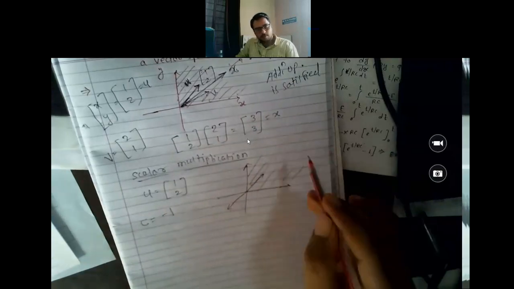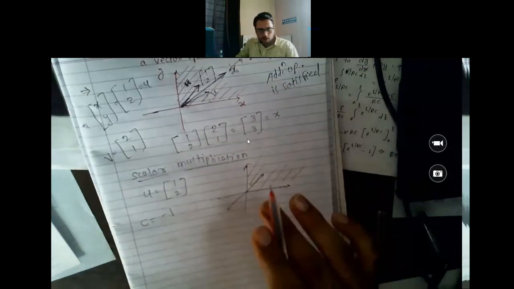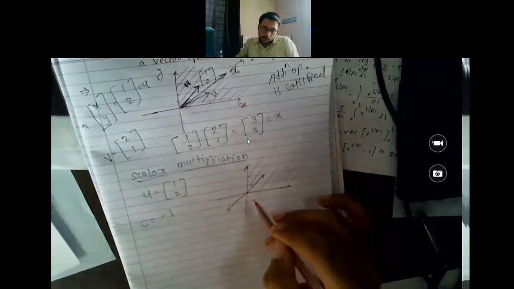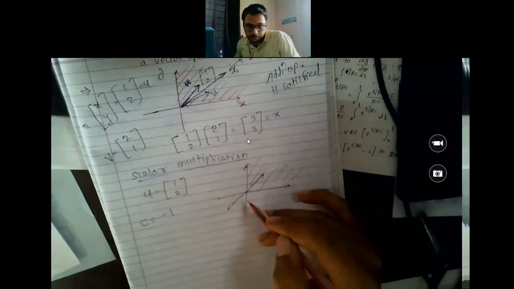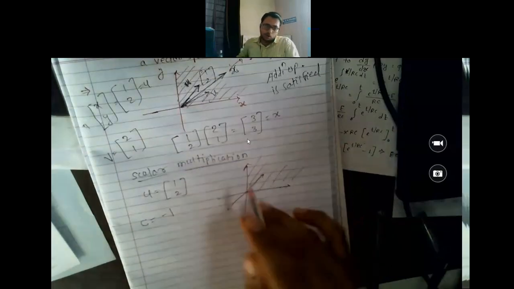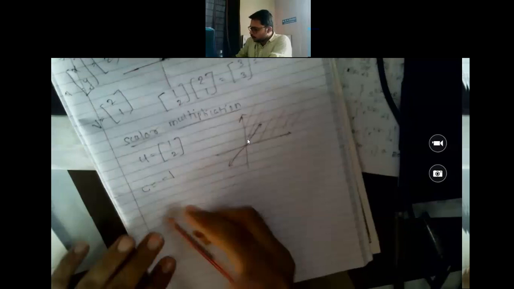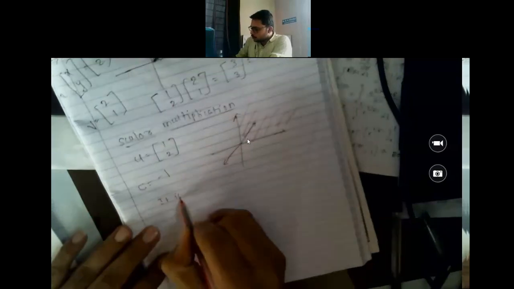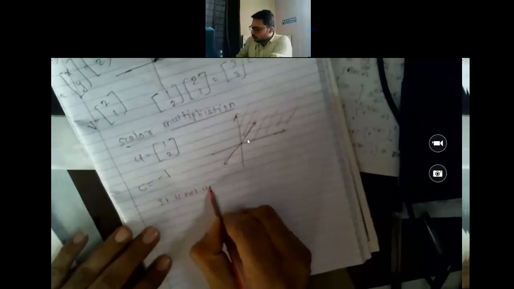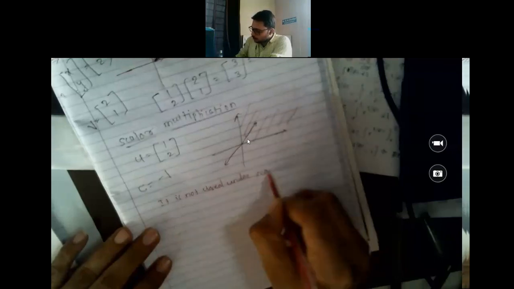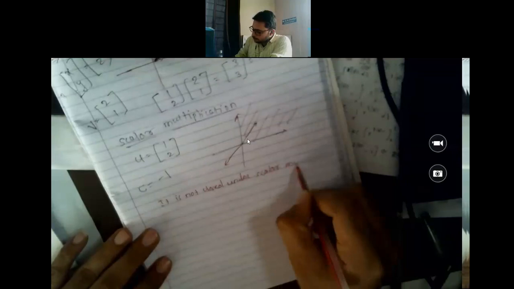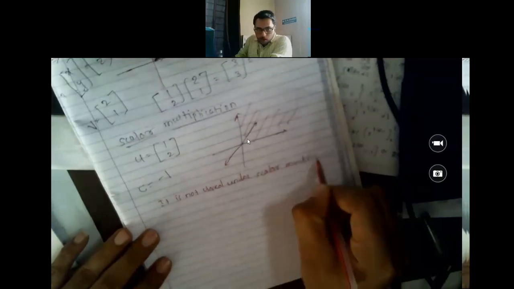That's why the result of scalar multiplication is no longer a part of the first quadrant, so it is not closed under scalar multiplication.